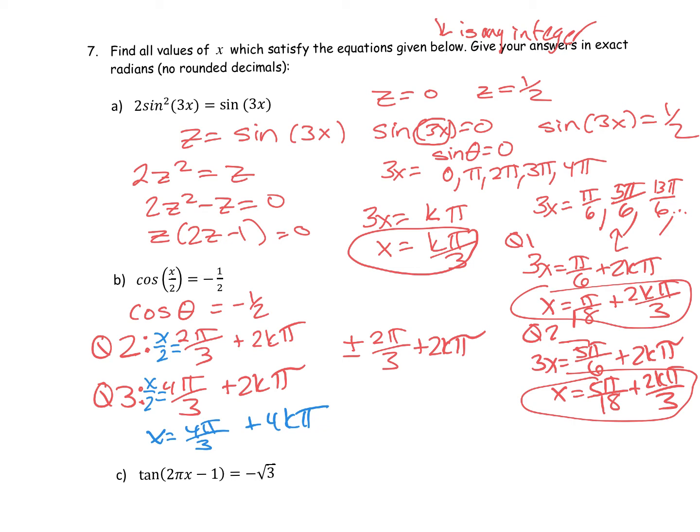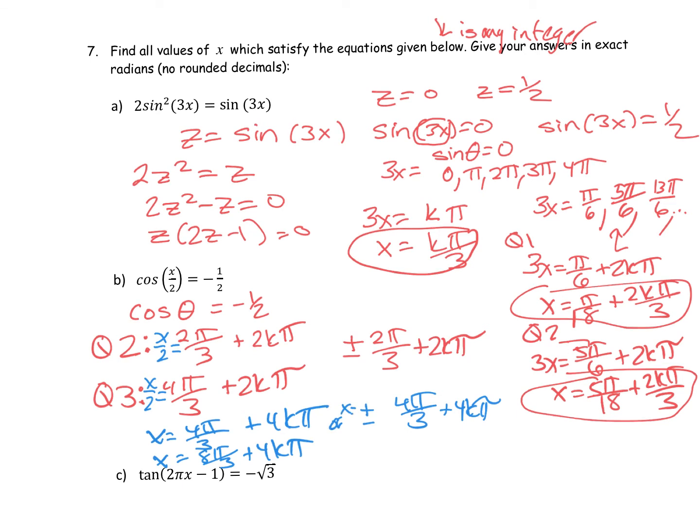And for the quadrant 3, I would have 8 pi over 3 plus 4k pi. Or if I wanted to do just the one line, it would be plus or minus 4 pi over 3 plus 4k pi. Either one's acceptable.